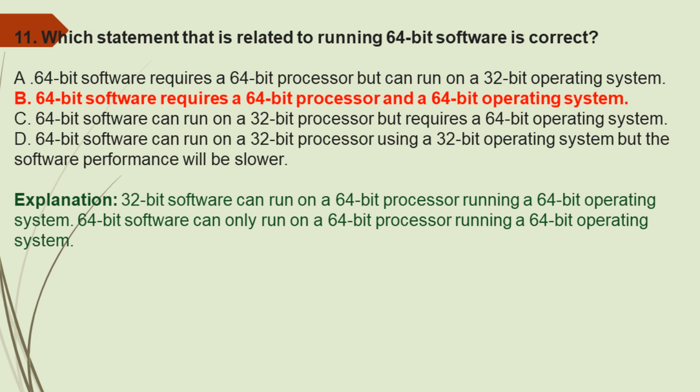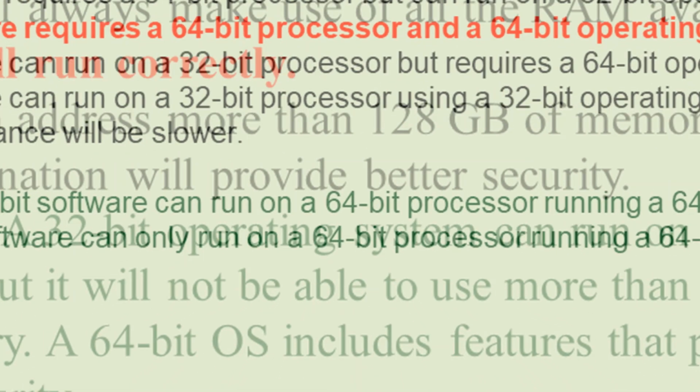D. 64-bit software can run on a 32-bit processor using a 32-bit operating system but the software performance will be slower. Explanation: 32-bit software can run on a 64-bit processor running a 64-bit operating system. 64-bit software can only run on a 64-bit processor running a 64-bit operating system.